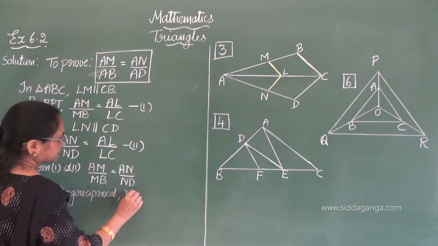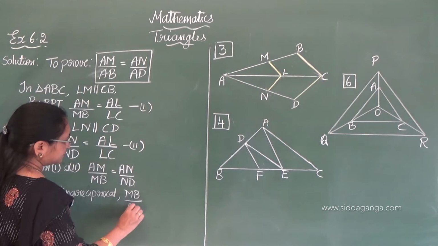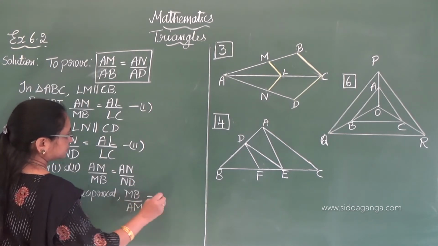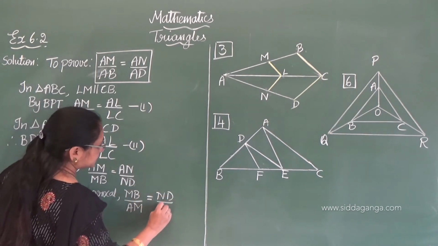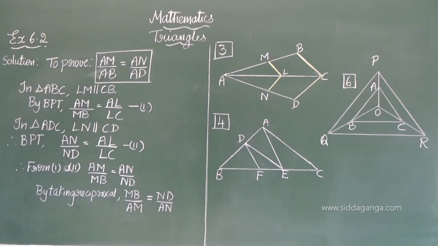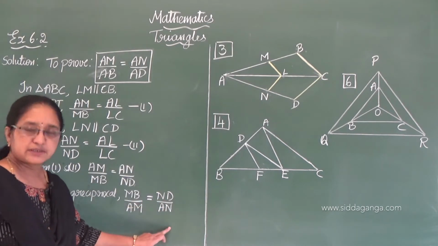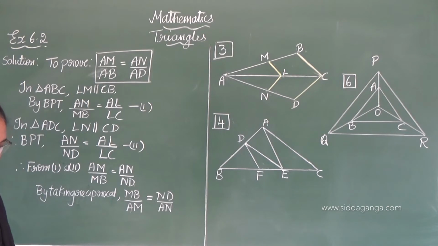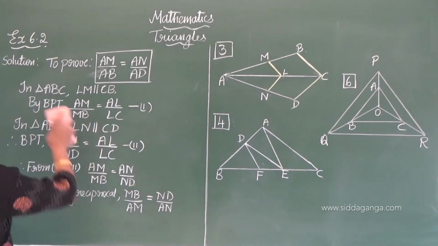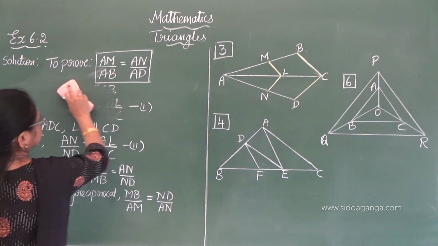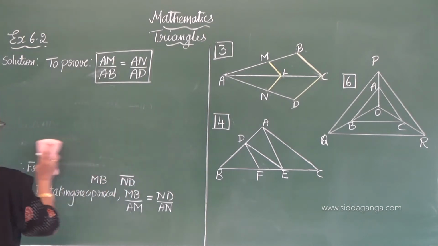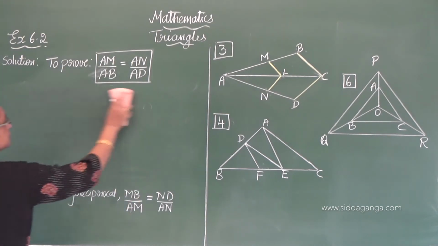By taking the reciprocal, MB by AM is equal to ND by AN. Now, to continue, what will I do?